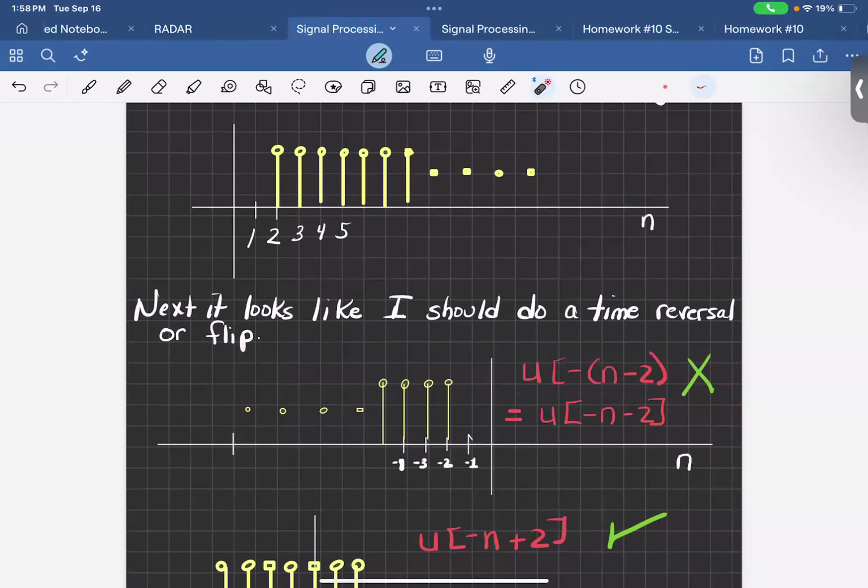But it's different from what I got before. If I delay and then flip, I am actually performing a different operation. I end up with u[-n - 2]. Although algebraically it looks like I should be able to do this, in reality, I cannot. I am inferring a different signal, and that is incorrect.